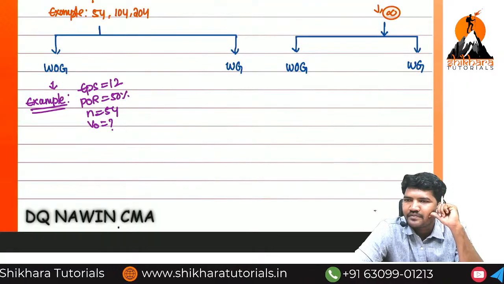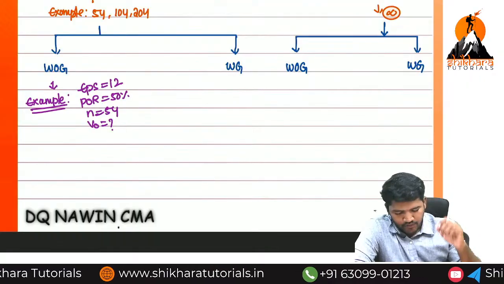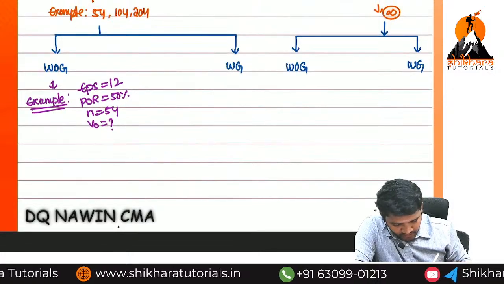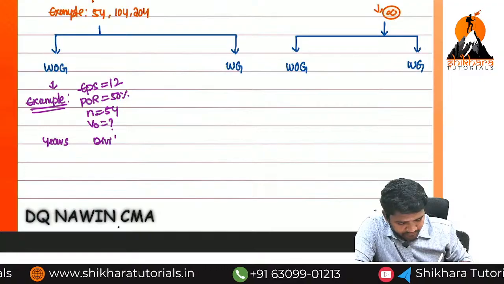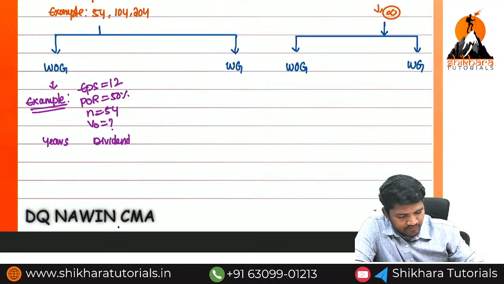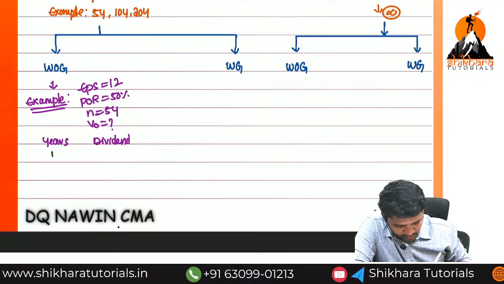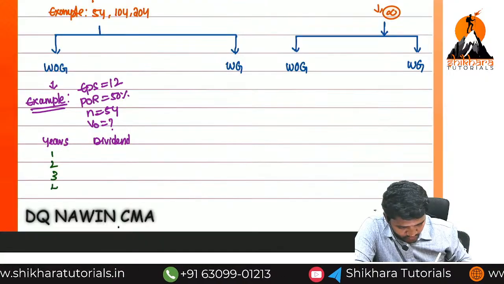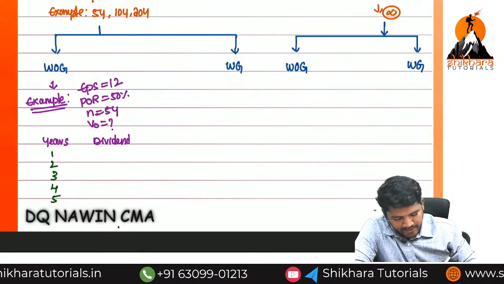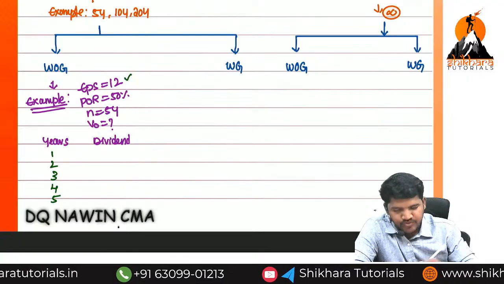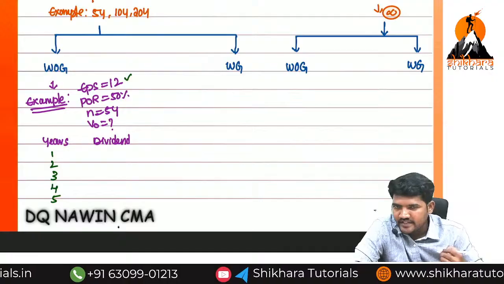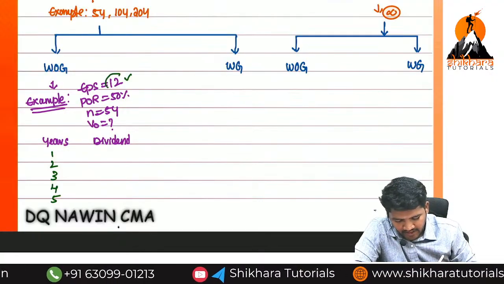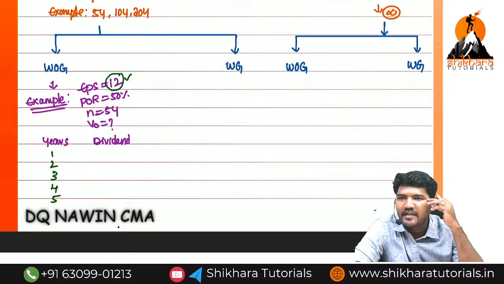Clear? Now see, years 1, 2, 3, 4, 5, and dividend. They have given EPS information, but you are saying it is a dividend model. Can I take EPS as DPS?